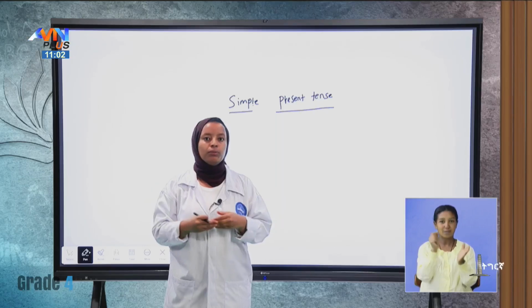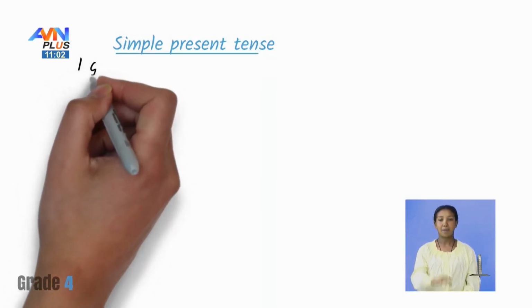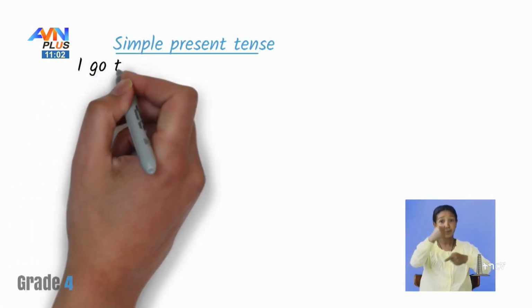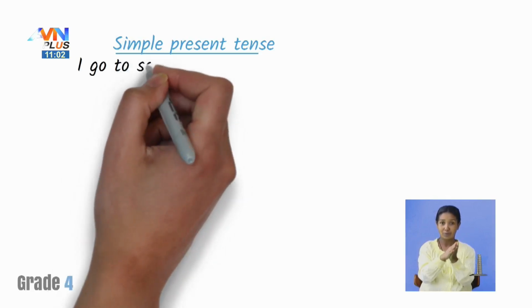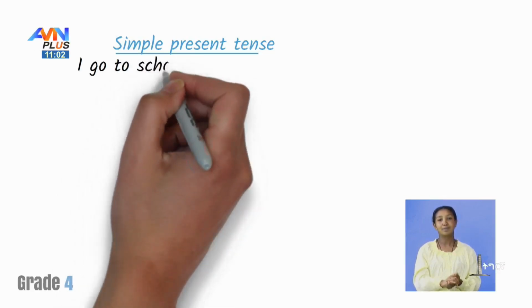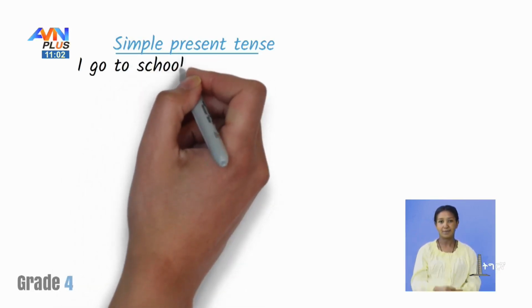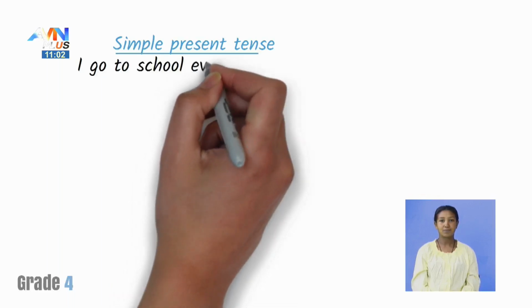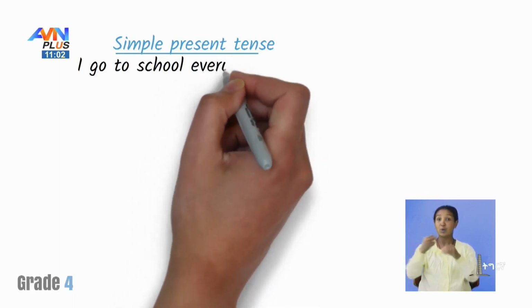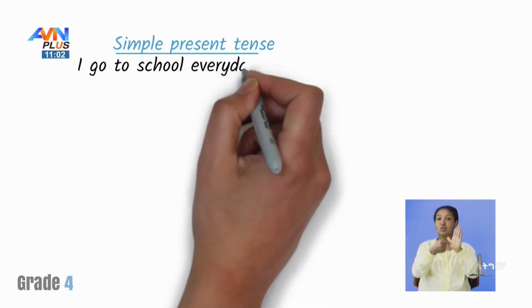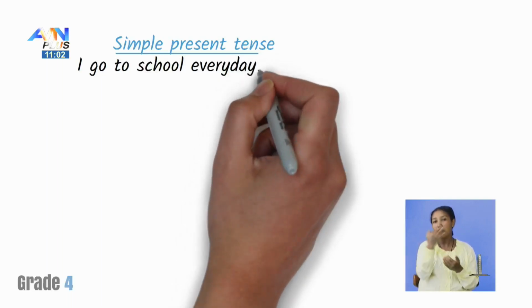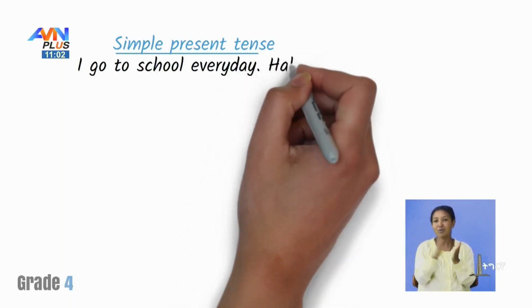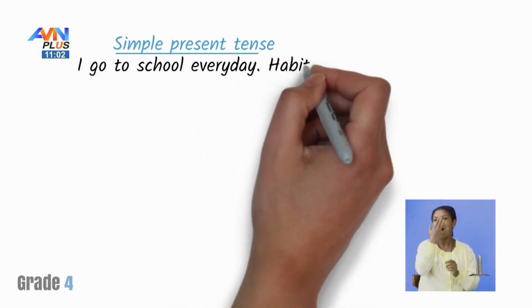For example, I go to school every day. Students, look at this sentence. This shows easily that it's a habit, and it is also called habitual action.